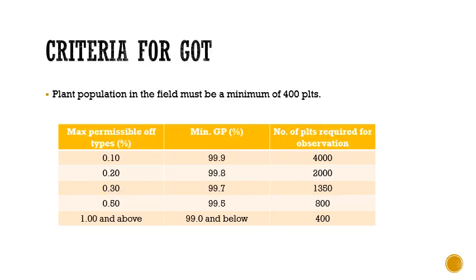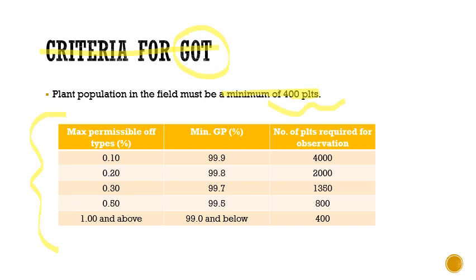Now coming to the criteria for GOT, the plant population in the field must be a minimum of 400 plants. At least 400 plants are required to assess the genetic purity using this grow-out test. Other parameters are also listed in this table.